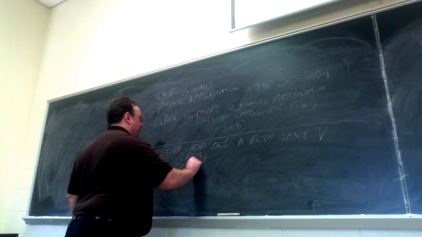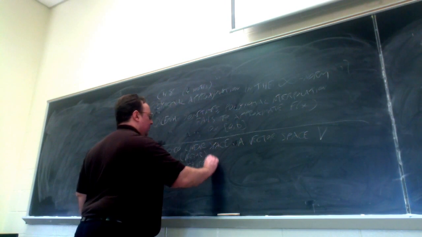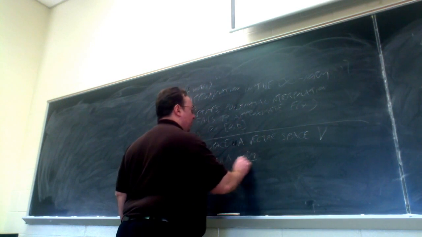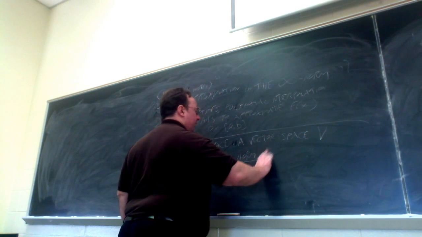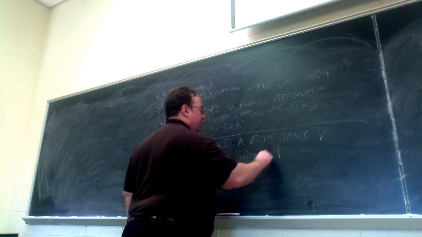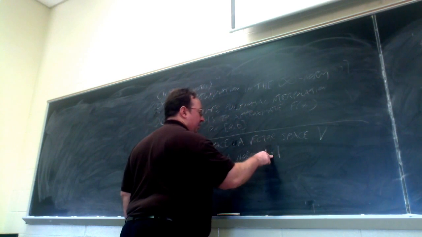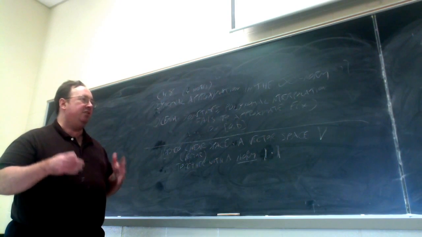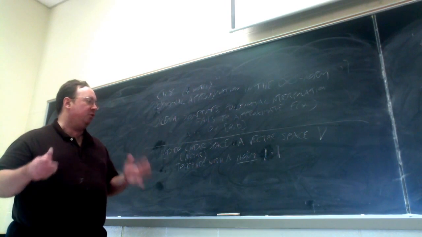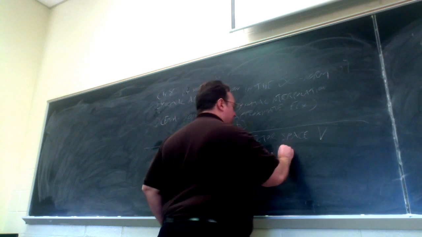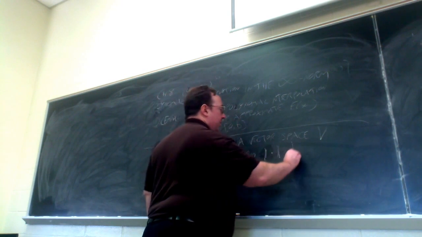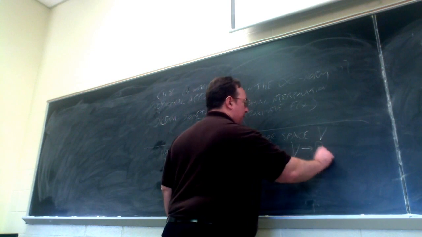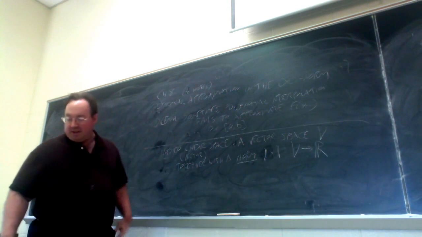So if you have a vector space together with a norm, which is a function, and we use the double bars, and the dot here is serving as a placeholder. We enclose a vector in double bars to indicate we're taking the norm of it. A norm is a function that has the vector space as its domain and the real numbers as its range.